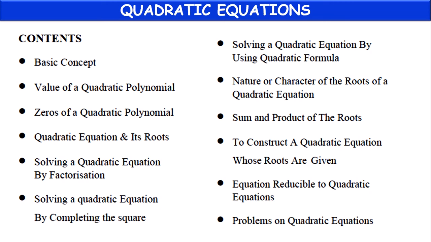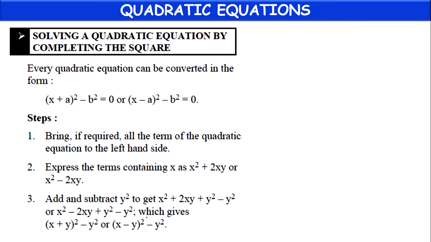Let's go to the concept, children. So, solving a quadratic equation by completing the square. This method we are going to learn today. Here the quadratic equation will be in the form of ax square plus bx plus c equal to 0.